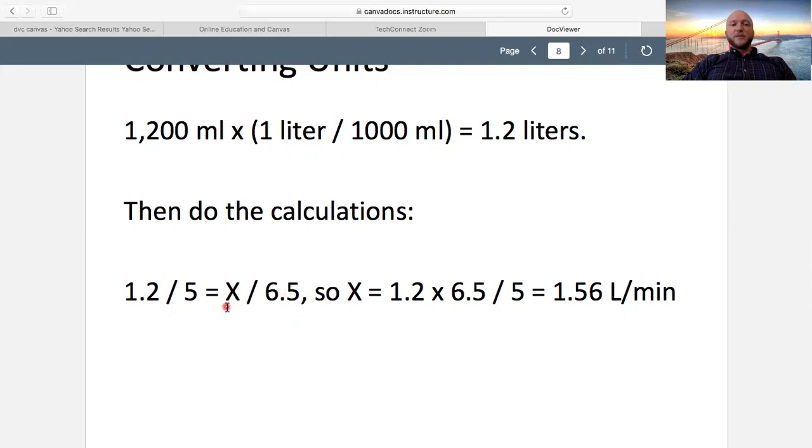So let's do some algebra and get x alone. We've got x is equal to 1.2 times 6.5 divided by 5. How do we do that? We multiply both sides by 6.5. Algebra right there. We come up with 1.56 liters per minute of blood going to the kidneys when the heart pumps 6.5 liters of blood per minute.